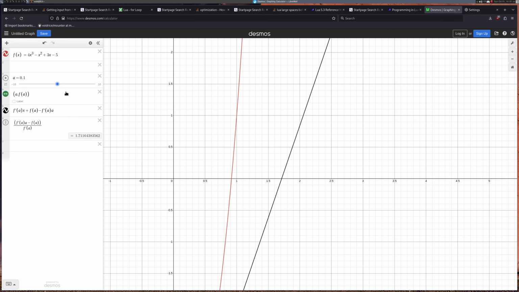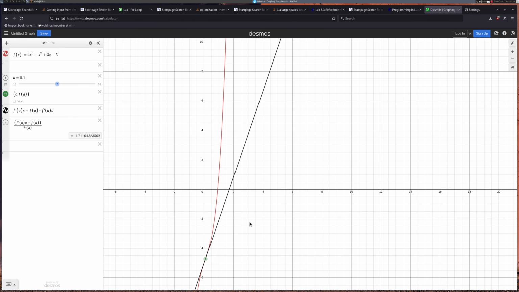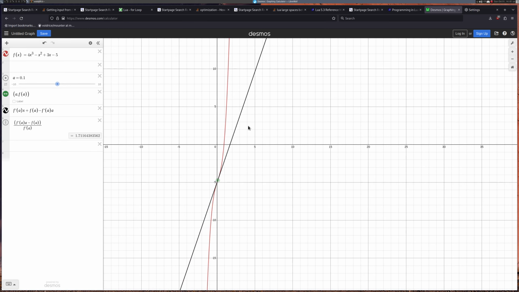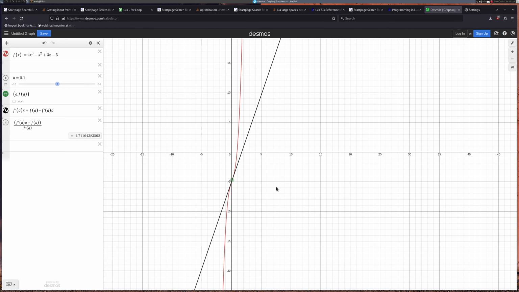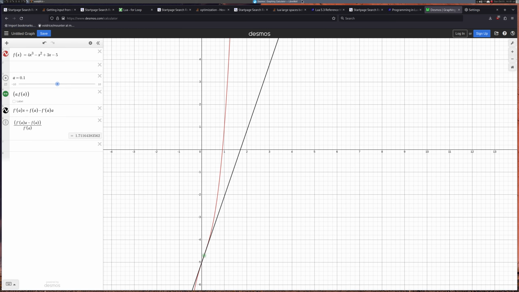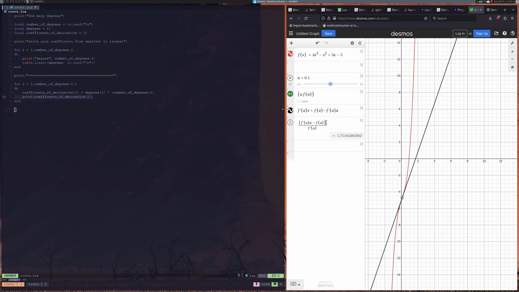But as you can see, we're already pretty close, I guess you could say. Alright. So this is going to be our new A. And we're going to keep doing this until we find A equals 0. So we're just going to be looking for 1, 0.